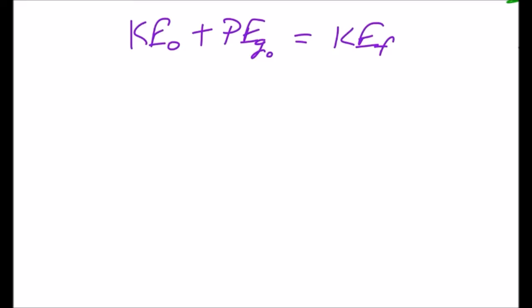Now we use the formula for each type of energy to expand the equation further. For kinetic energy, we have 1/2 the mass times the initial velocity squared, because we're at the initial point. Then the gravitational potential energy is mass times little g times the initial height.